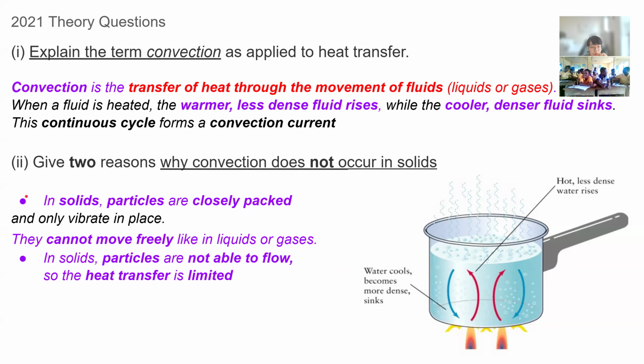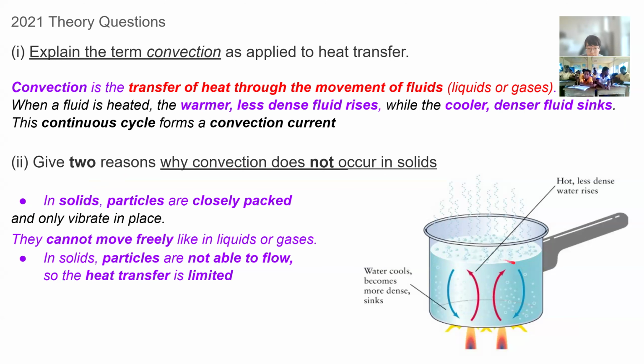The second question asks us to give two reasons why convection does not occur in solids. I've talked about it briefly, but in solids, particles are closely packed and can only vibrate in place. But convection involves molecules moving throughout.